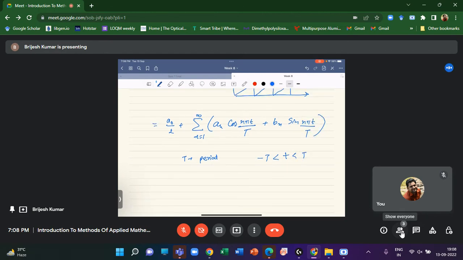So this will be our Fourier series of some function f(t).